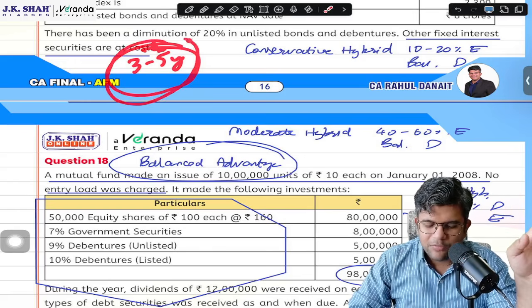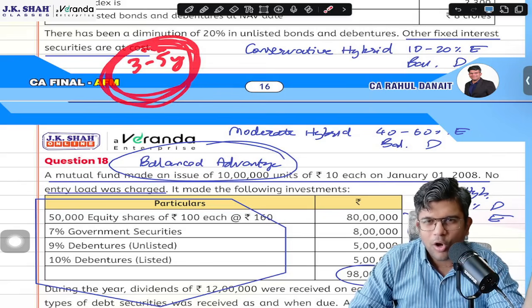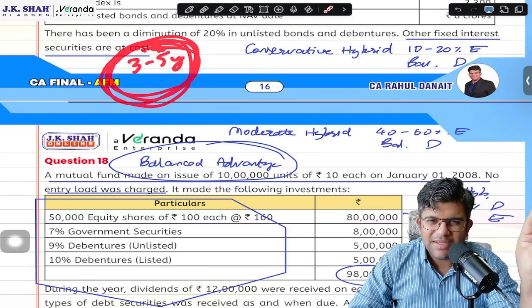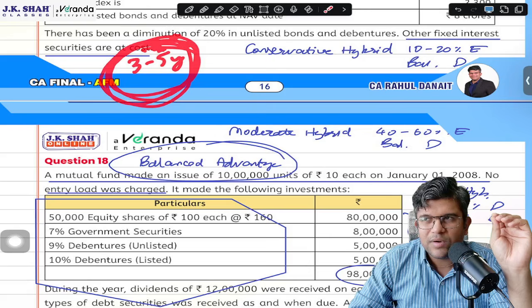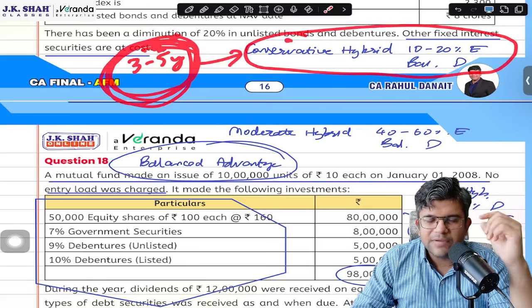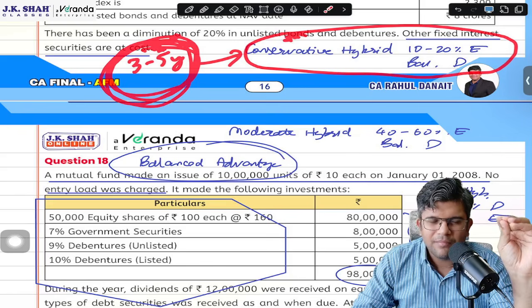Now, 3 to 5 years is a very tricky period because it's neither too short nor too long. So generally what people would do, they would invest in FD, very safe. I would tell you that if you have a little inkling towards taking a little risk, this is a very good product. It eventually, over a long term of 3 to 5 years, will give you more than FD, assuming the equity at least performs a little good.